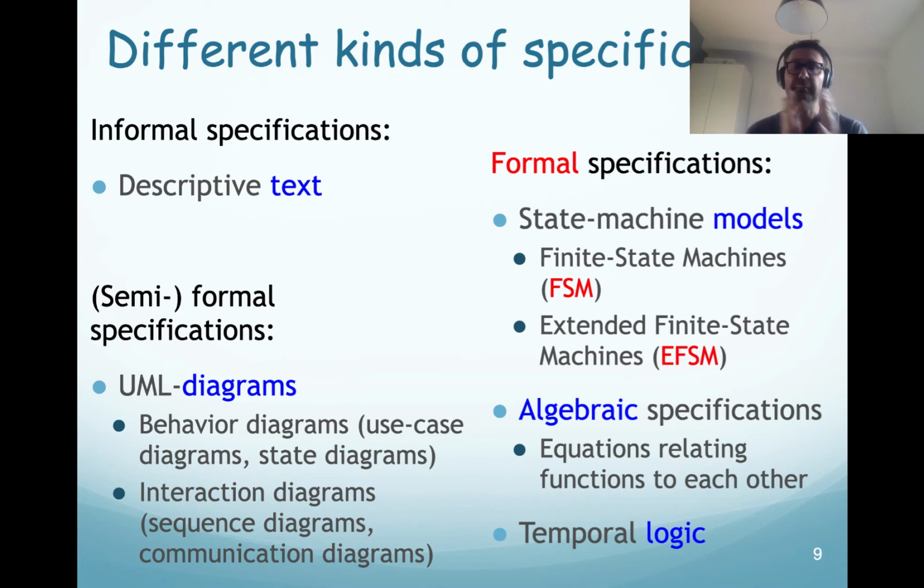Algebraic specifications, they are equations, more like using logical expressions to relate different functions to each other. So one example can be an algebraic specification of a queue in the data structure, a queue, right? Can be that the number of elements in the queue at any time should be the number of elements that you have added minus the number of elements that you have taken away, right? So the number of added minus the number of removed should be the number of elements currently in the queue.